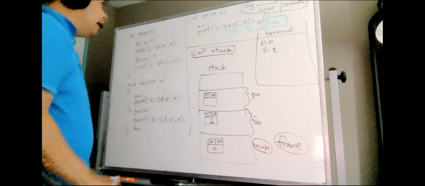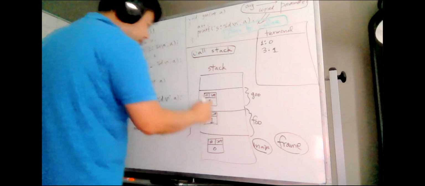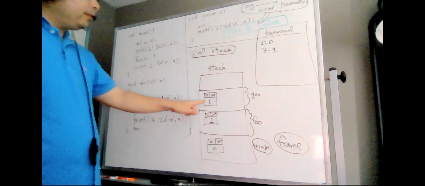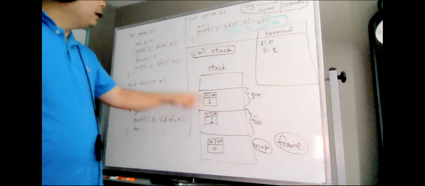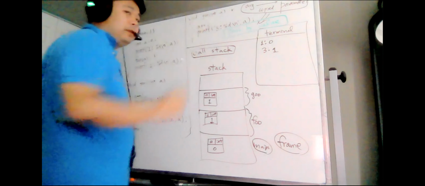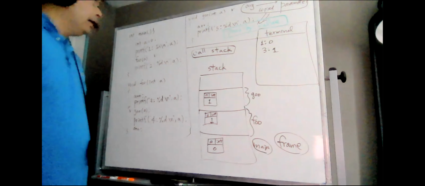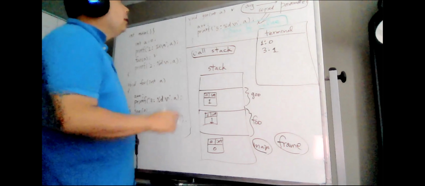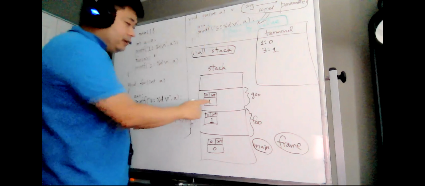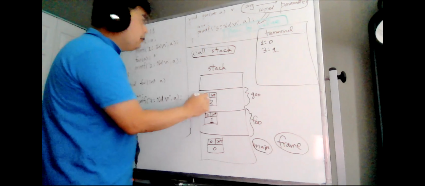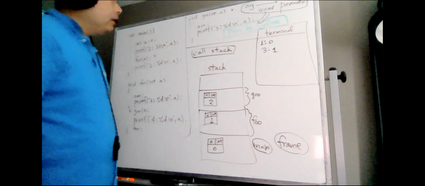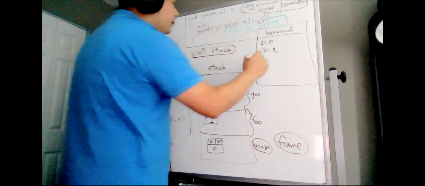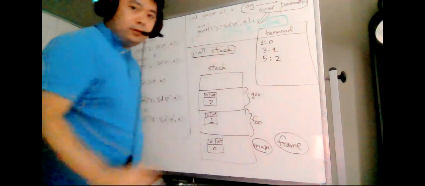That's copied as 1. Make sense? Now your program control is here. Now this A++ means this A becomes 2. And then printf will execute 2.